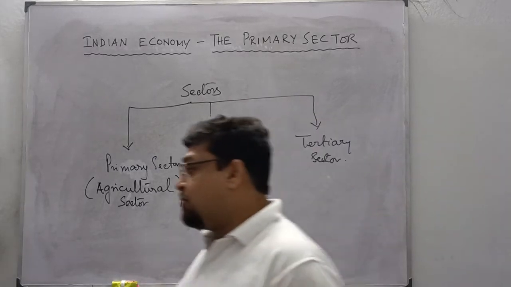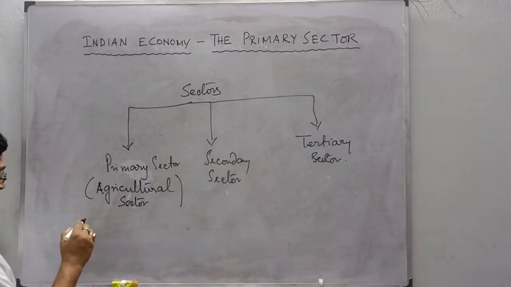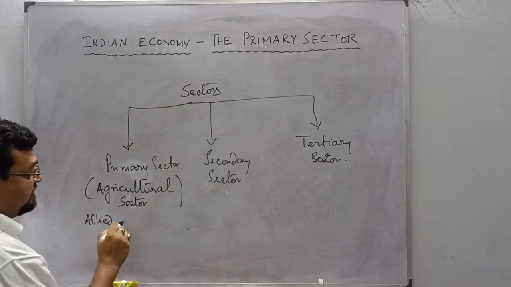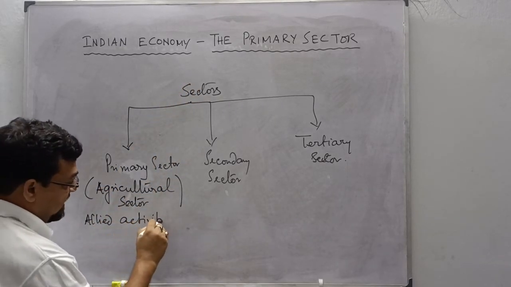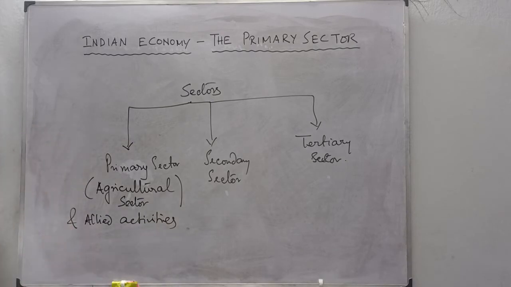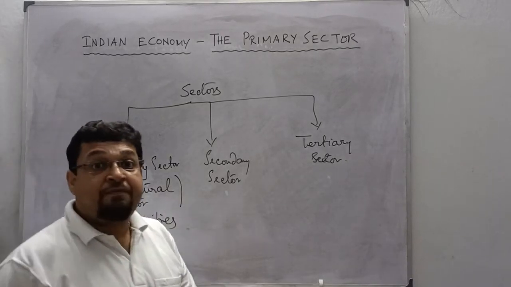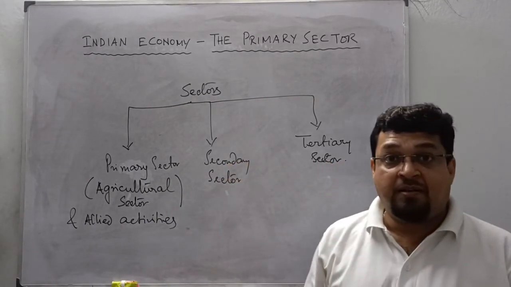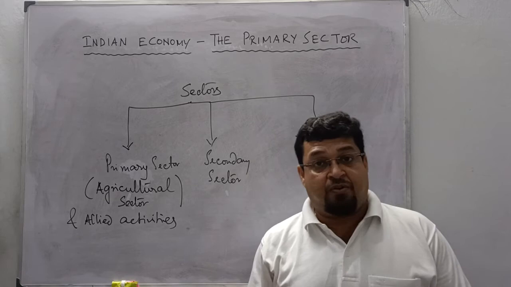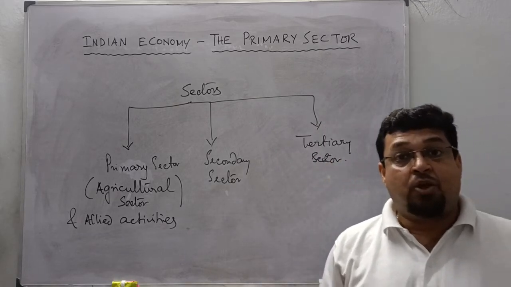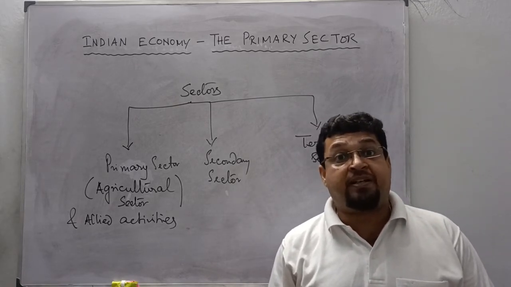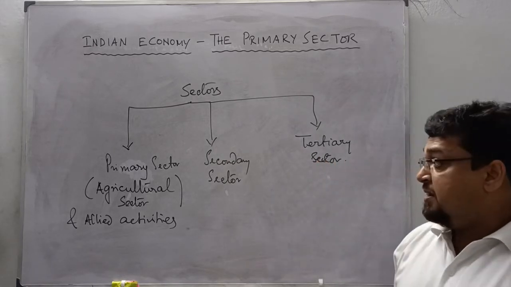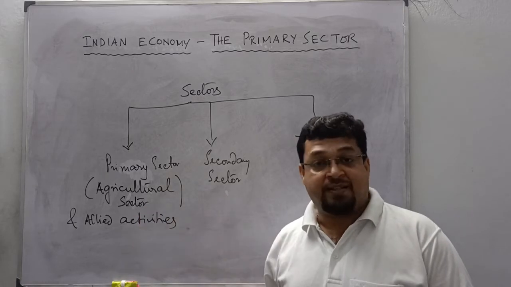We also include the allied activities. Allied activities may be fisheries, mining, dairy farming, horticulture, or poultry farming. All the land-based activities are basically referred to as the primary sector.